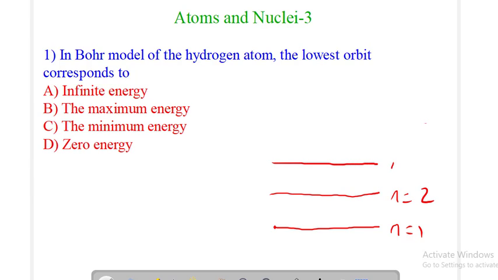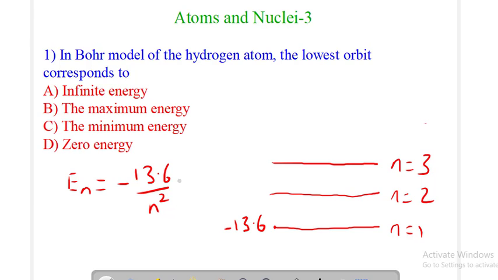We can draw more. Now the energy equation, as we know: the energy of the nth orbital for the case of hydrogen atom is given by En equals minus 13.6 divided by n square. For n equal to 1, n square becomes 1, so this corresponds to energy minus 13.6 electron volt.